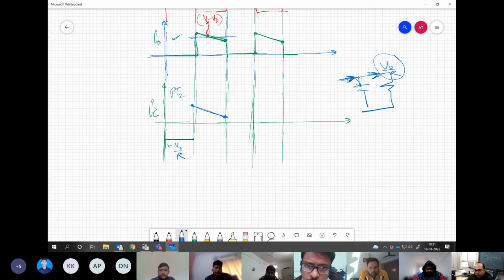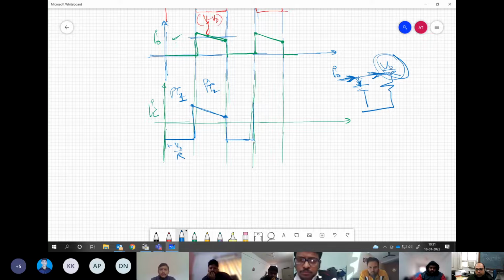Whatever total current IO I have drawn coming from this side, it will still keep supplying the V naught by R current, but the remaining portion will enter the capacitor during this PT2. And that is how the capacitor current will keep flowing. Again, you see that this is kind of discontinuous, and there is no problem because the capacitor is a voltage stiff element, so no problem in having a discontinuous current. Understanding my point?